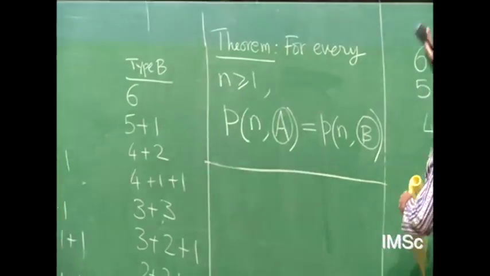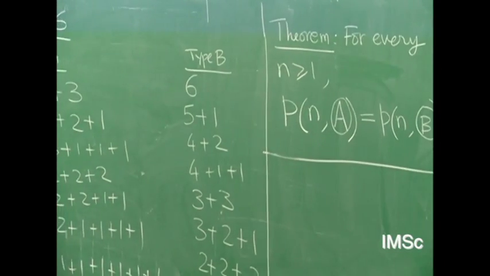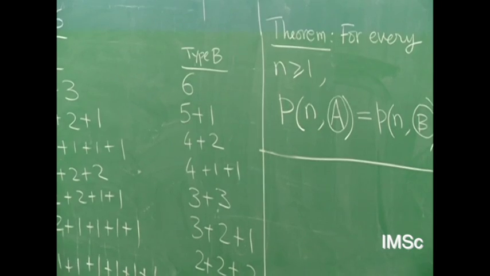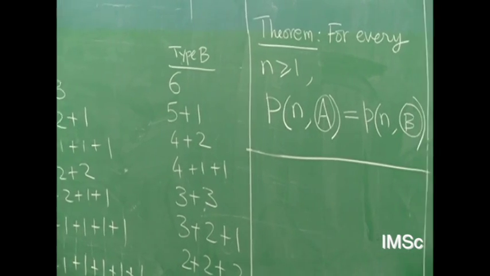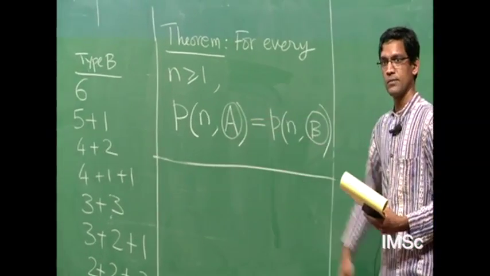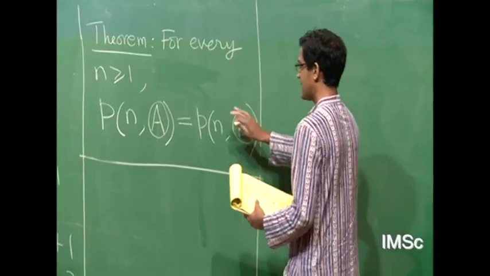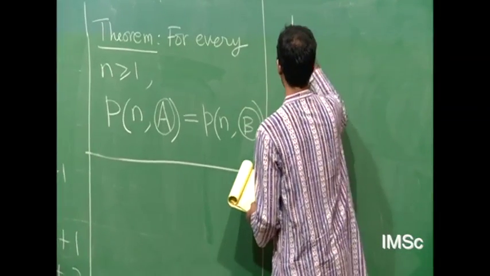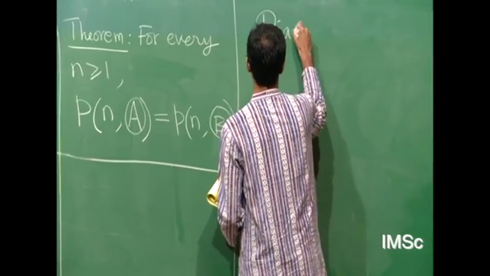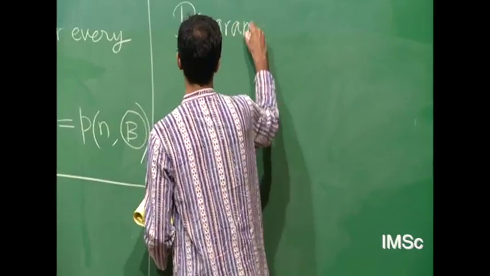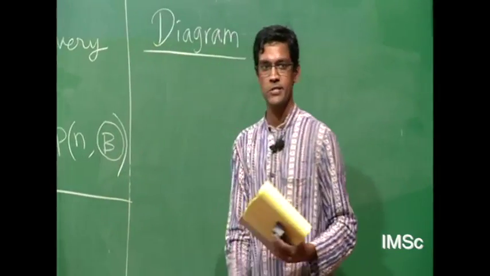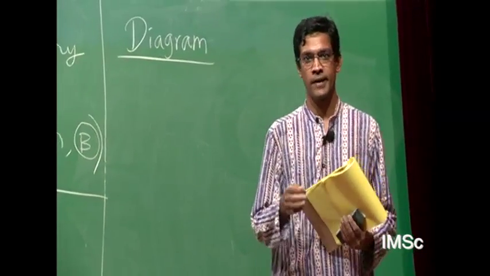So I'll get rid of this. So let's leave this aside for a moment and talk about something which will soon be seen to have a bearing on this. I'm going to start drawing diagrams.